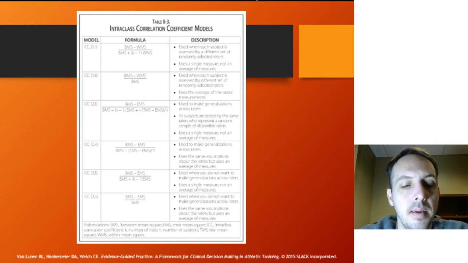And so you can see how these are calculated. Basically, it is the differences that you see, so the between mean squares minus the errors that are associated with that, right? And then divided by basically how we would standardize the measurement without the errors.